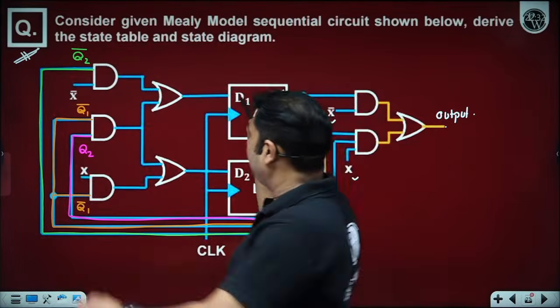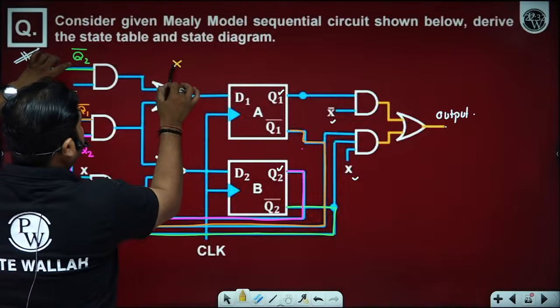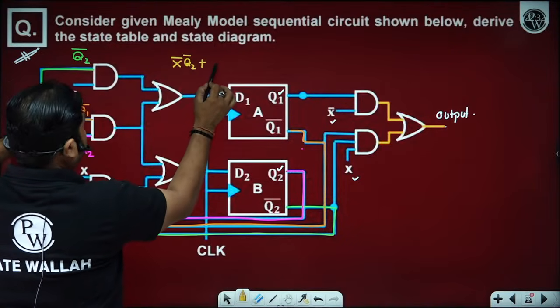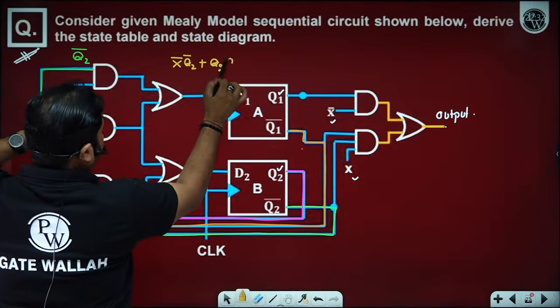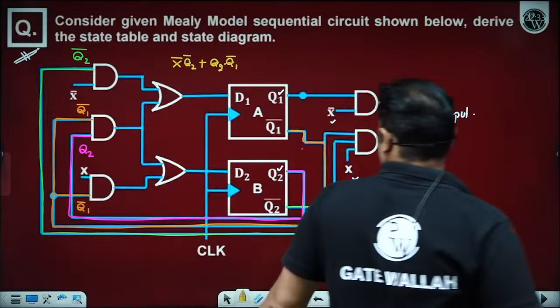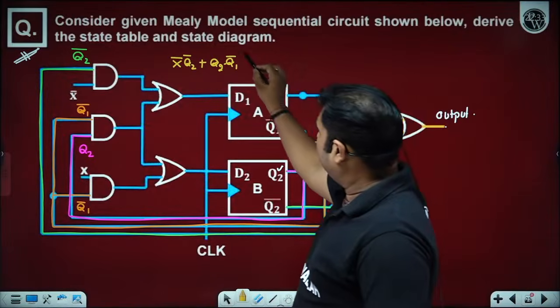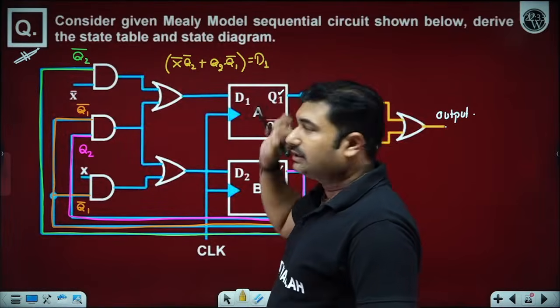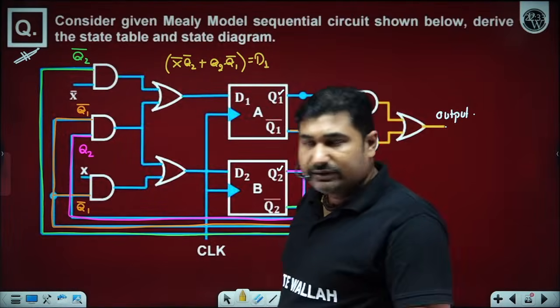The data coming to D is X Q1 bar, Q2 bar plus Q2, Q1 complement. So this is your D1, the input to D1.